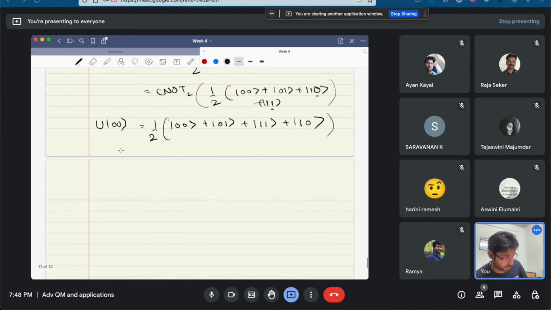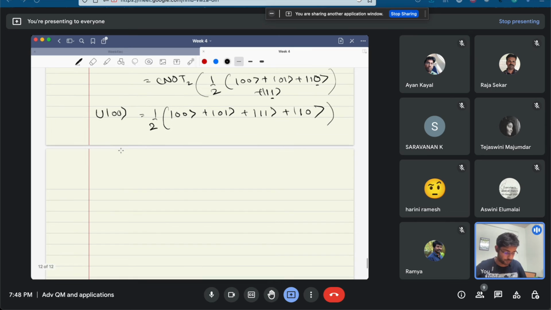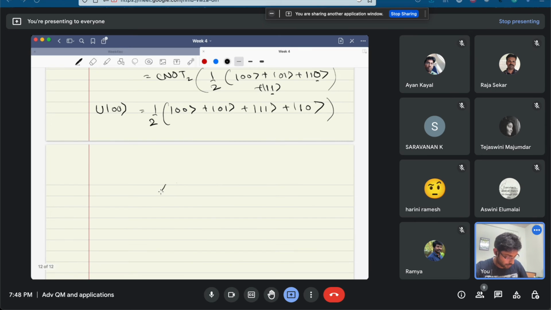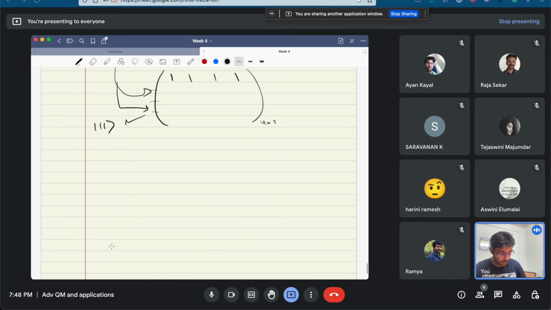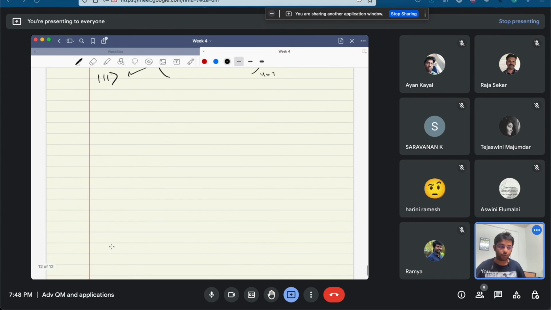Okay, so based on this you can actually find the first column of your 4 by 4 matrix. So all the elements are 1 here. Okay, and you can similarly find all the other elements through operating on 01. This will give you your second row, and 10 your third row, and finally your fourth row comes from the U11.